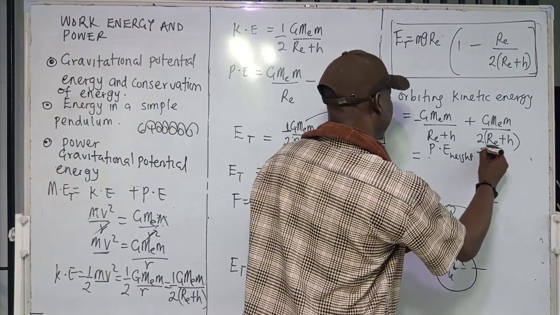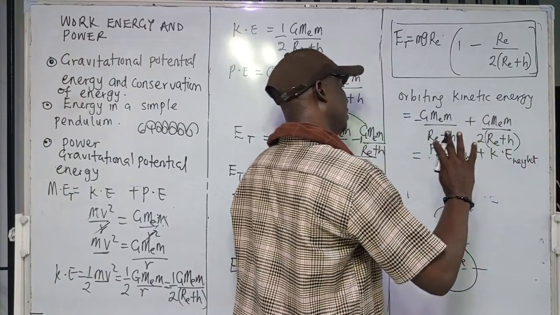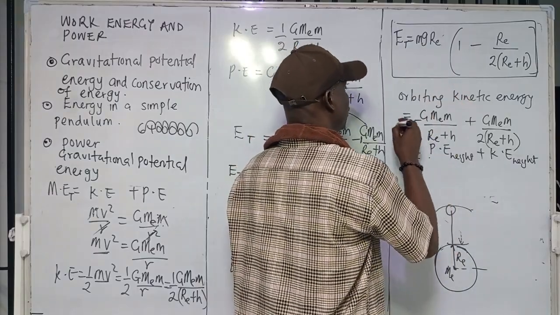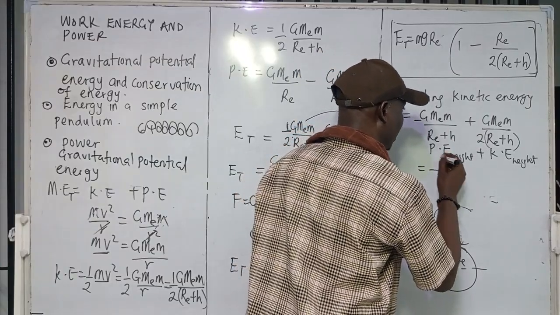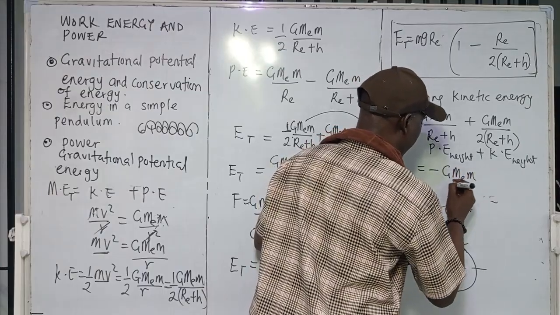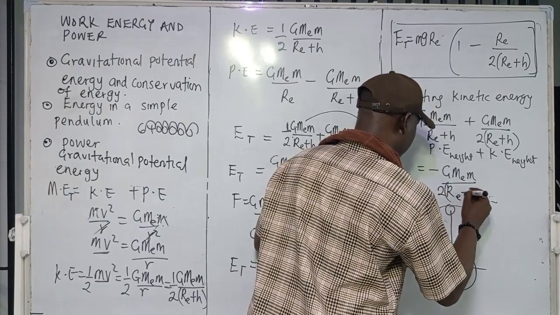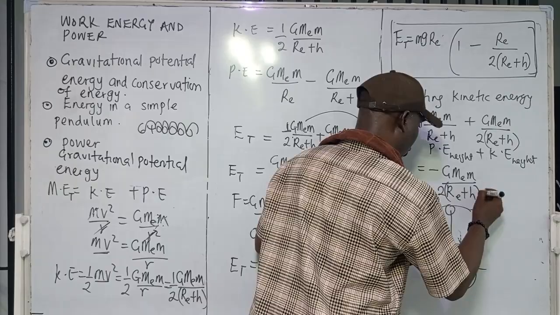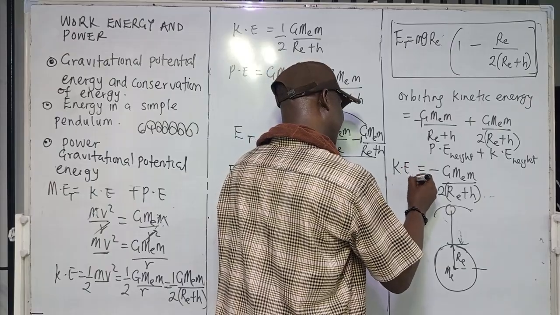When you add the two of them, the kinetic energy at that height is already in the orbit now. So the orbiting kinetic energy will now be, if you add these two together, minus G M E M over 2 R E plus H. This is the orbiting kinetic energy.